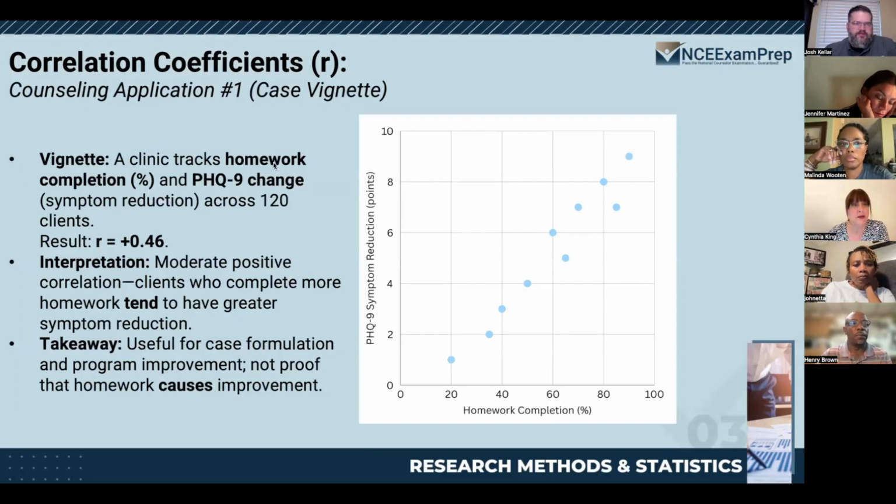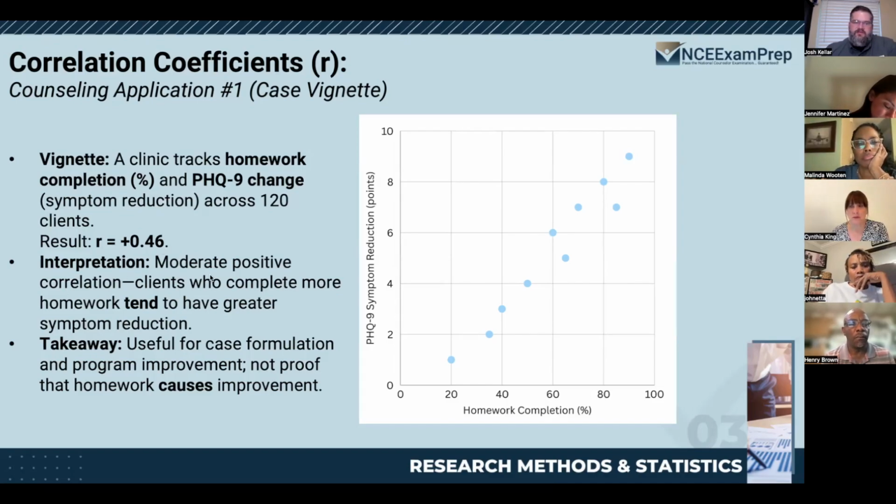So a clinic tracks homework completion, which is our percent, and PHQ-9 change, so symptom reduction, across 120 clients. And it results in a correlation coefficient of plus 0.46. Okay.